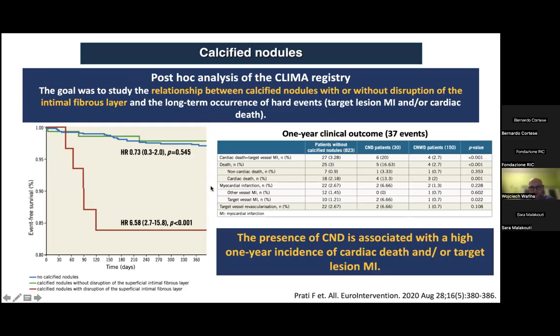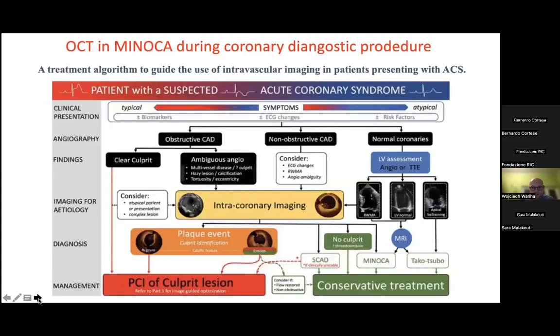And according to the sub-analysis of the CLIMA registry, the presence of calcified nodule disruption is associated with higher rates of 1 year adverse events, such as cardiac death or target lesion myocardial infarction.